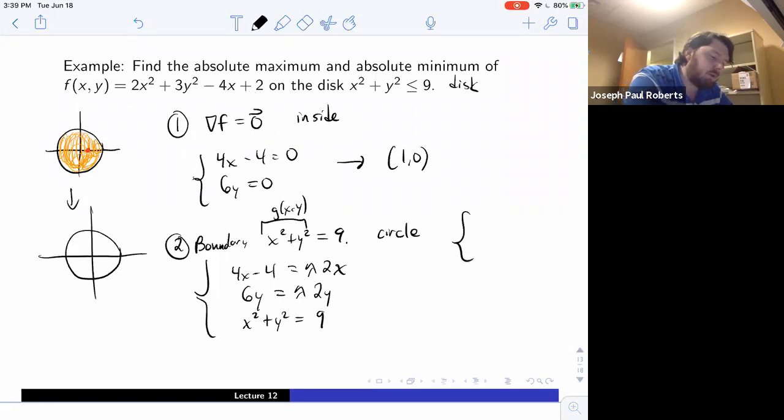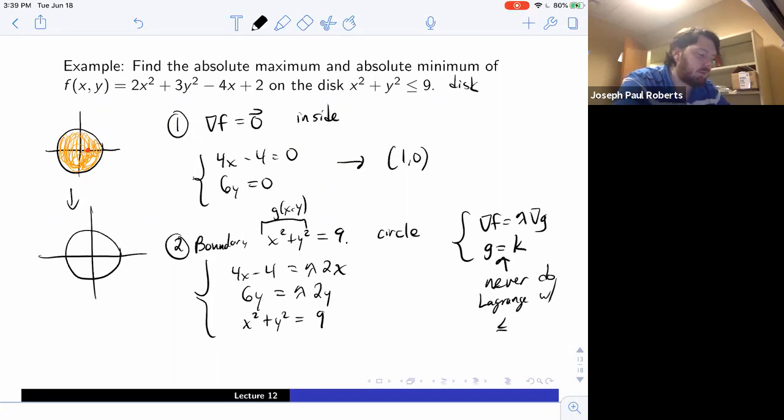Step 2, gradient of f is lambda gradient g, and g equals k. Lagrange is actually nonsense with an inequality. So never do Lagrange with an inequality. Only ever do equals.